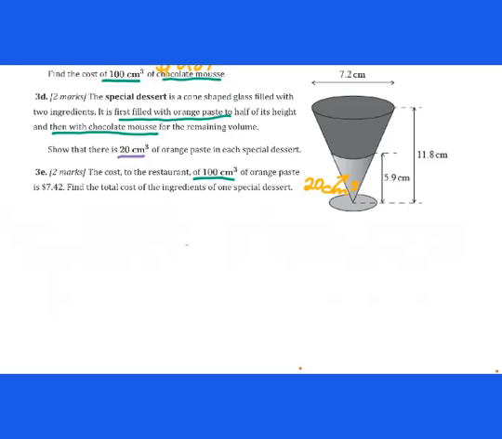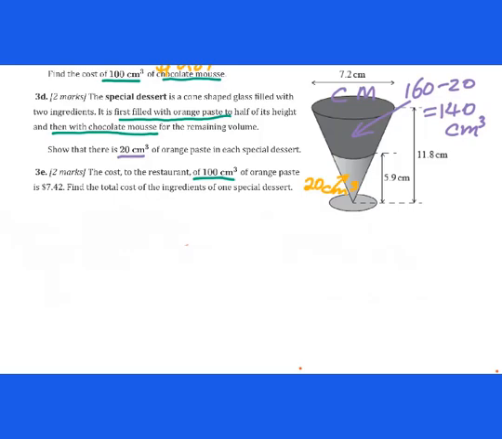The total volume will be 160 centimeter cubed, according to 3A. Therefore, the volume for the chocolate mousse will be 160 minus 20, that equals 140 centimeter cubed.